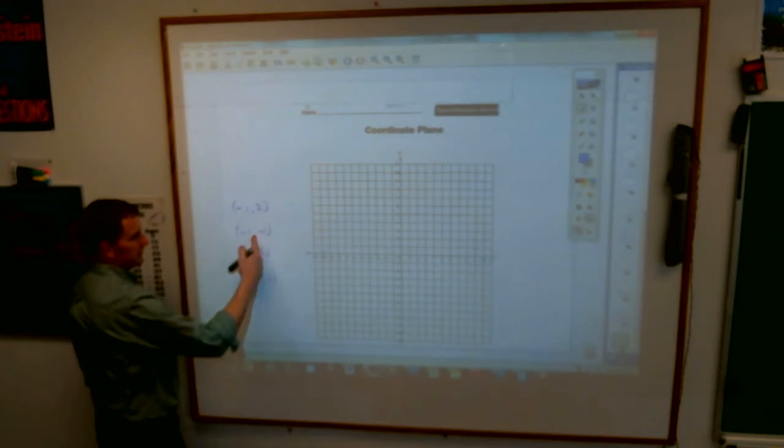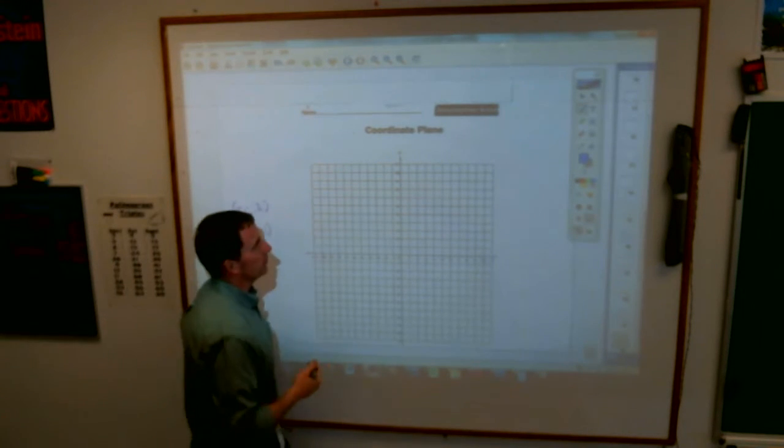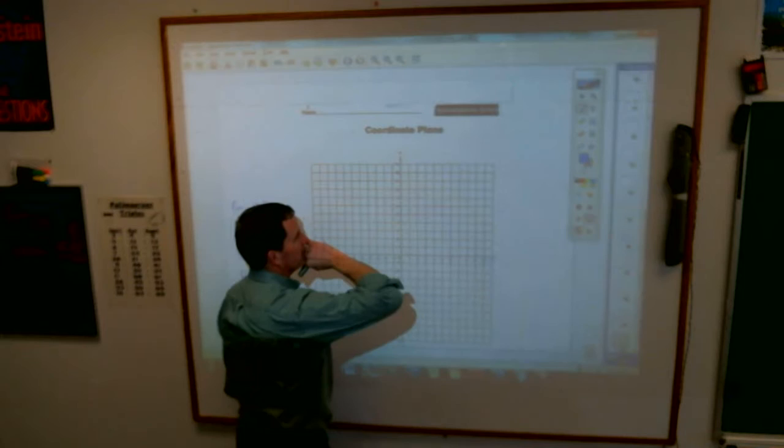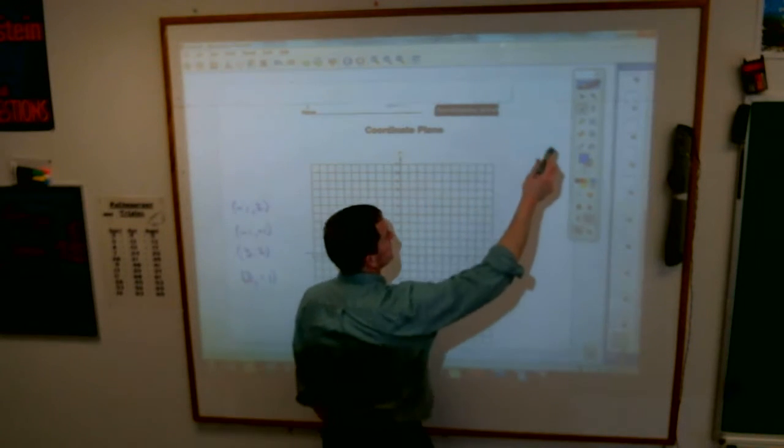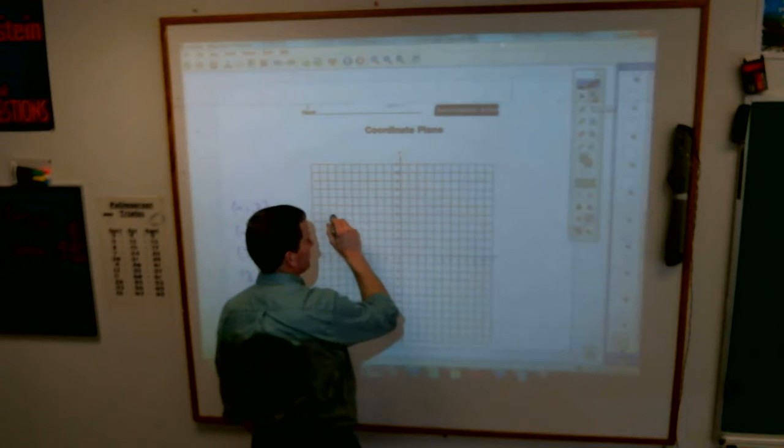Plot those points when you find them, and then with a straight edge, draw a rectangle, which is what this is supposed to be.